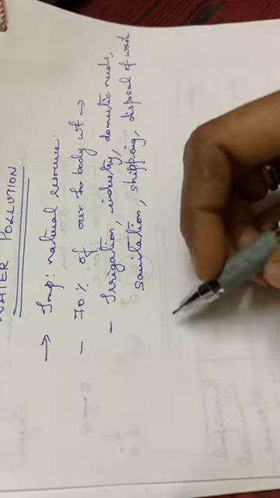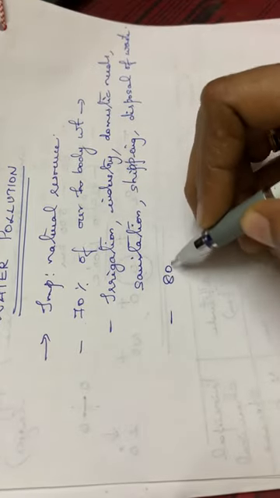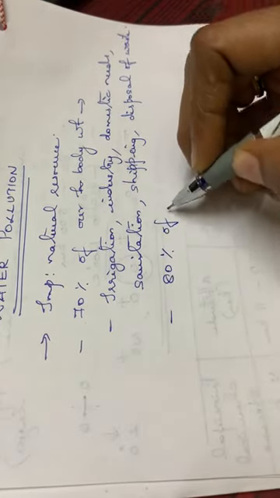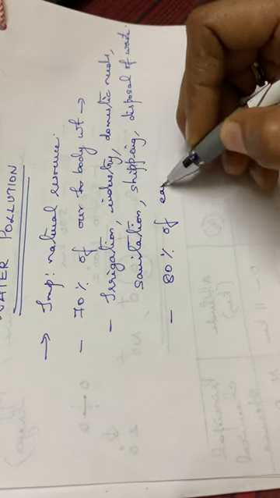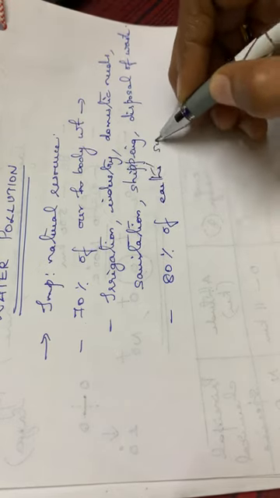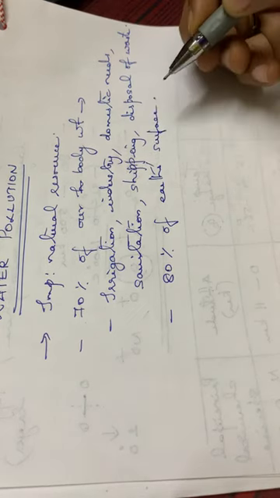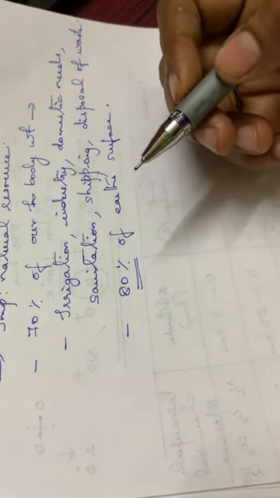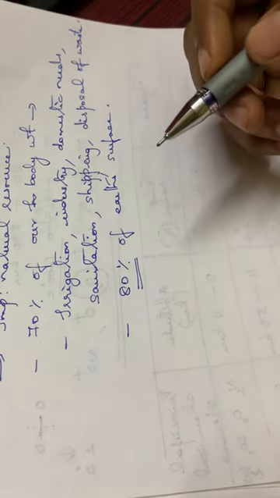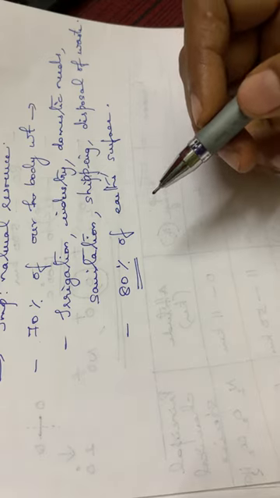And also what about earth surface? 80% of the earth surface is covered with water. And a very small percentage of this 80% is used for consumption, that is for domestic as well as industrial consumption.